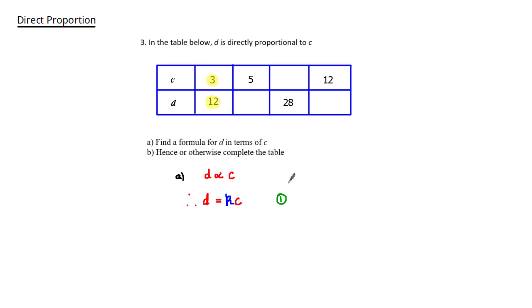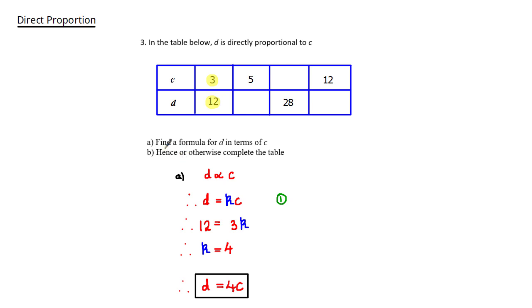So subbing these values into equation 1 gives us that 12 is equal to 3 times K. And dividing both sides of this equation by 3 gives us that K is equal to 4. So subbing this newfound value of K back into equation 1, we get the general formula that D is equal to 4C.